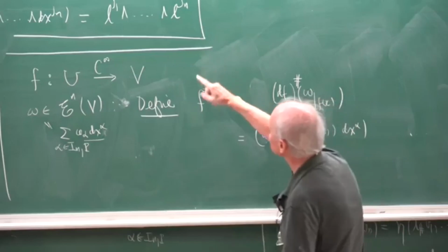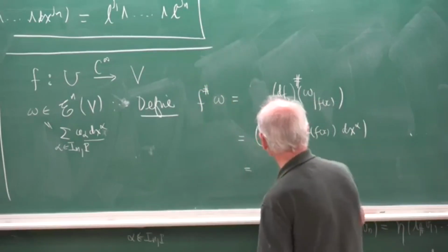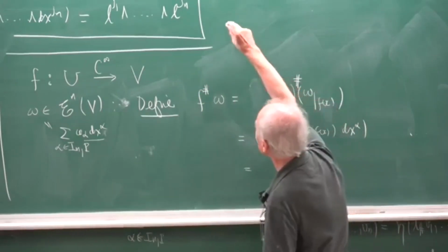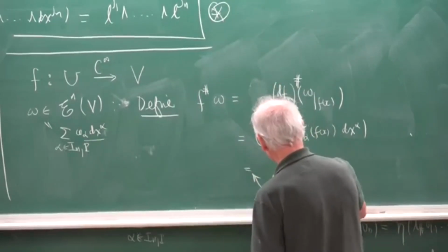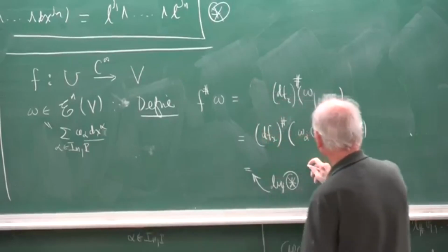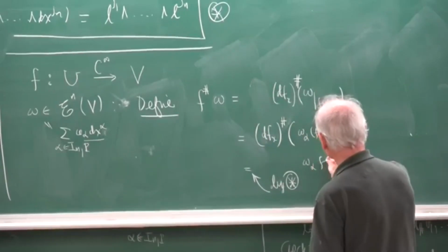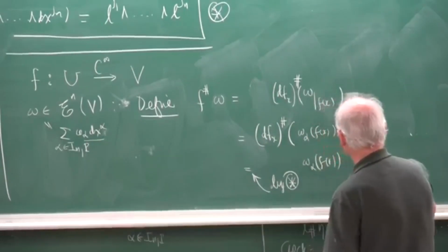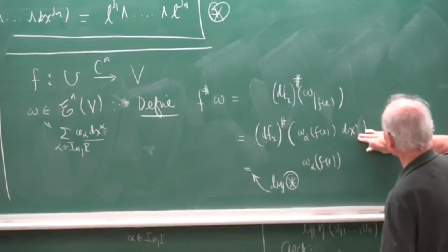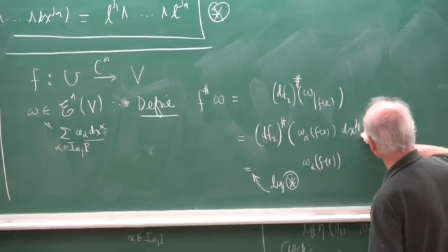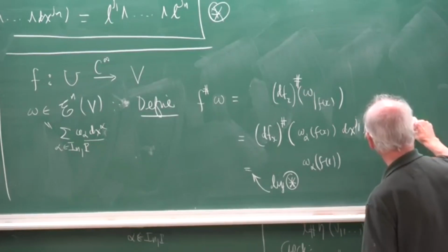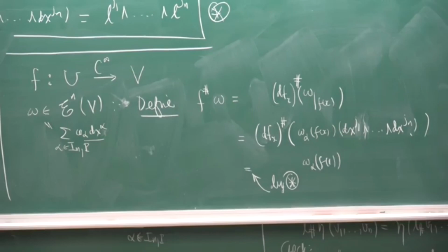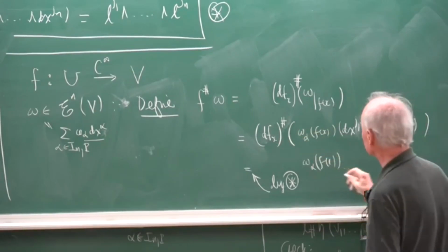But according to this, that's the same as, so let's call this star. So here I'm using star. That's just omega_alpha f(x), and then it just picks out the relevant components. Remember, this is dx_{j1} up to dx_{jn}, really. So this just picks out the j first component of that.